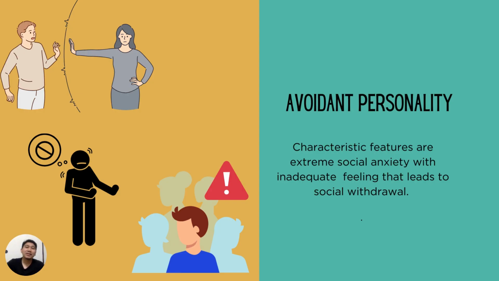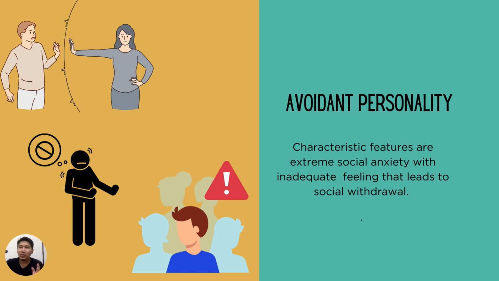So the next one, and probably the last of this cluster C type or worried type personality disorder, is the avoidant personality disorder. The characteristic features are extreme social anxiety with inadequate feelings that lead to social withdrawal. Like schizoid personality disorder, if you still remember, it is characterized by avoidance of people.